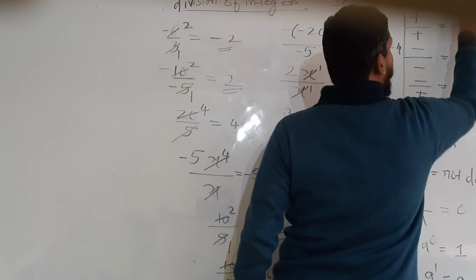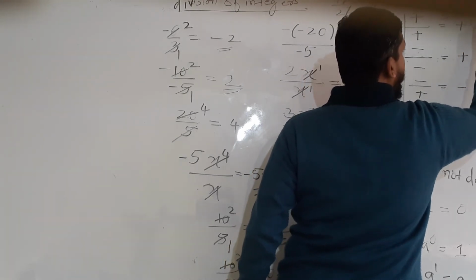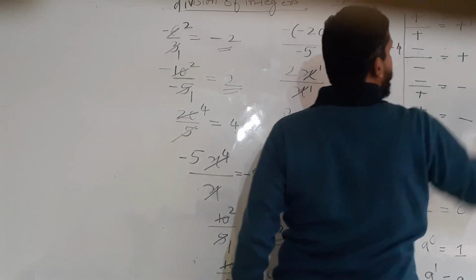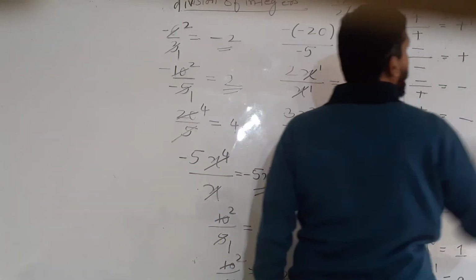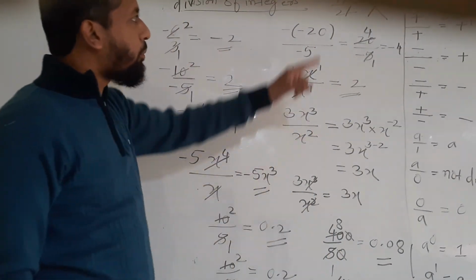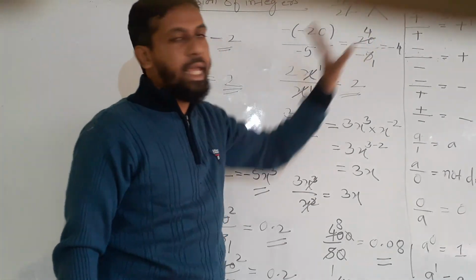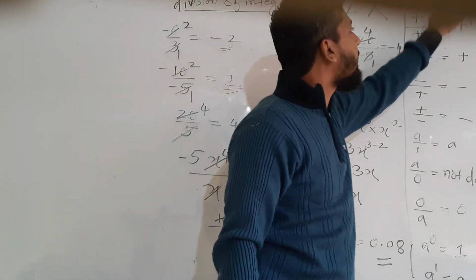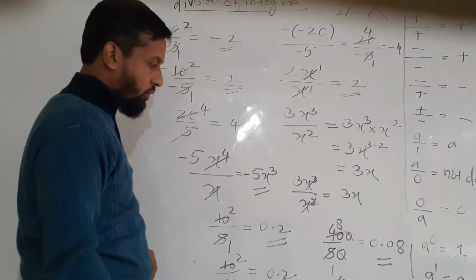This 10 ones are get cancelled. 40 by 5 is remaining. 5 eights are 40. Like this. So that is important. You cannot cancel like this. If it is 0, you can cancel. That is the main reason we are doing. We are cancelling that 0 and 0 here.